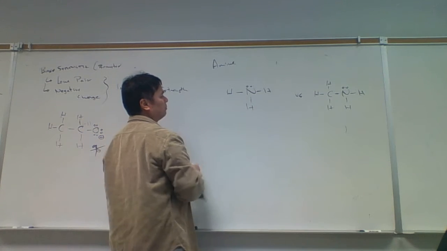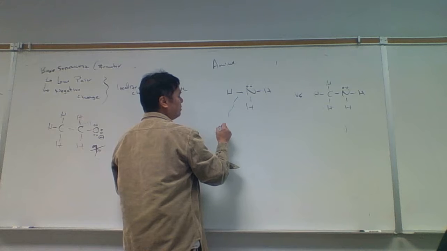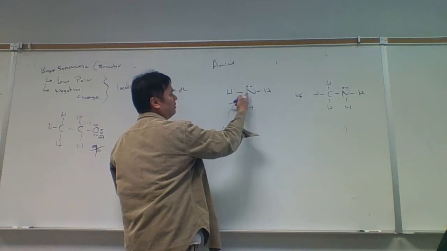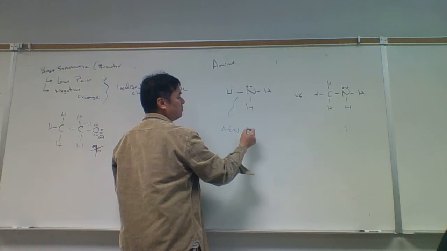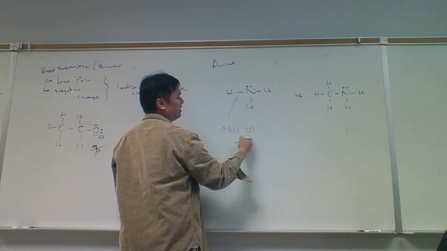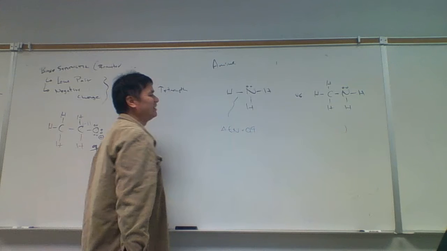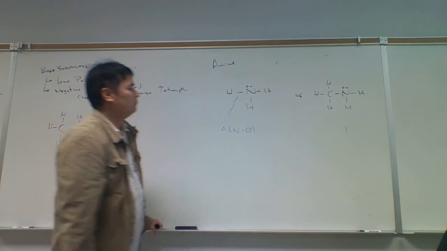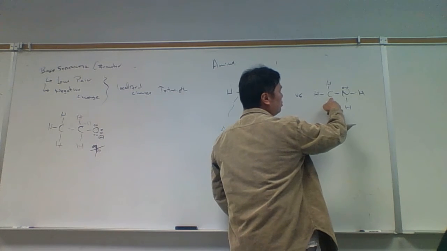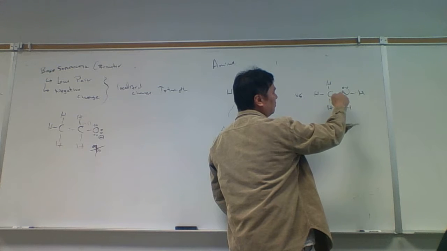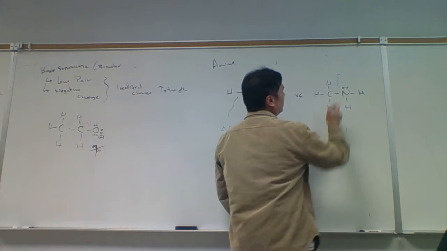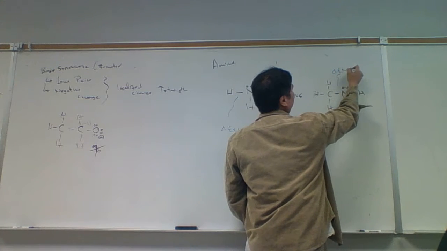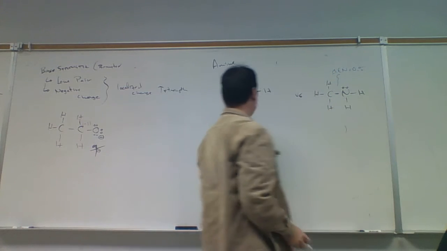Nitrogen's a 3.0. And so the delta EN of this bond is 3 minus 2.1, which is 0.9. Oops, I miscalculated it earlier today. It's 0.9. Carbon's a 2.5, right? Nitrogen is a 3.0. So delta EN here is 0.5.